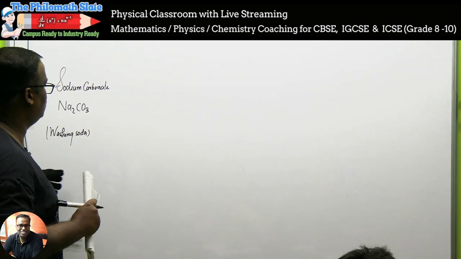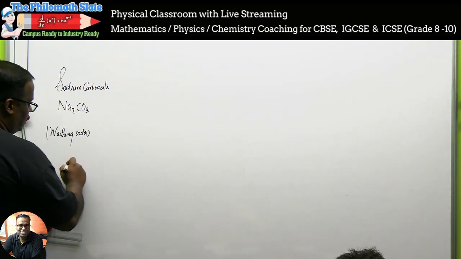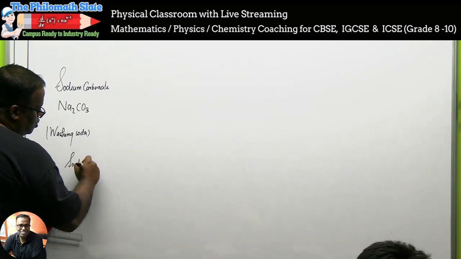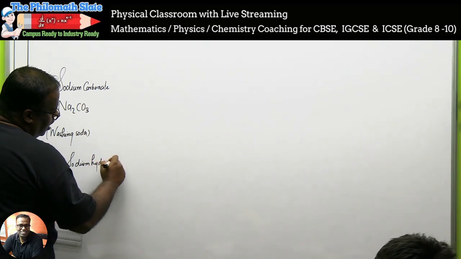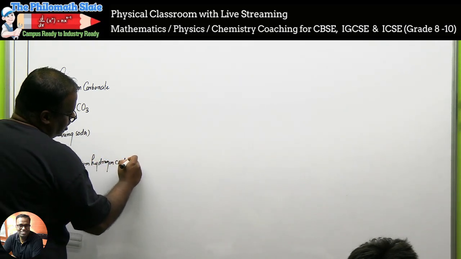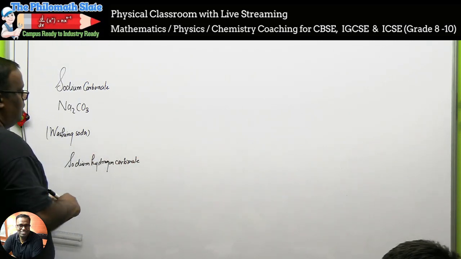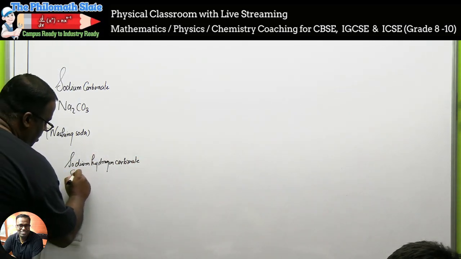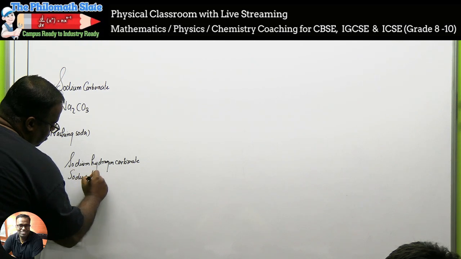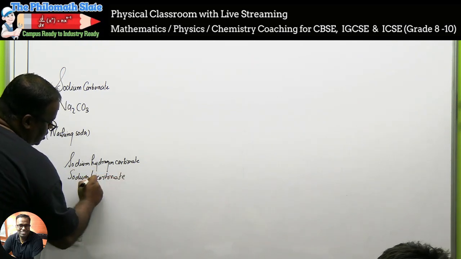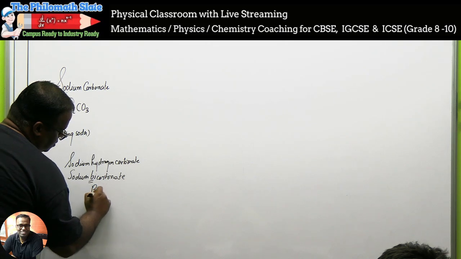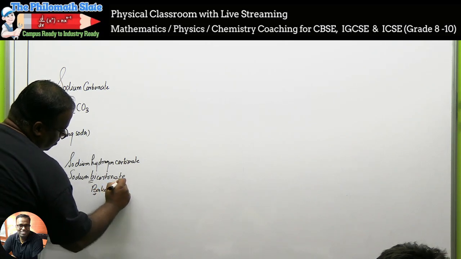Sodium carbonate is known as washing soda, and keep in your mind one more compound that is called sodium hydrogen carbonate. Sodium hydrogen carbonate is also known as sodium bicarbonate, and bicarbonate's B and baking soda's B. That is how you should remember baking soda.